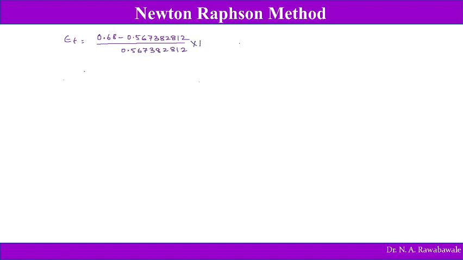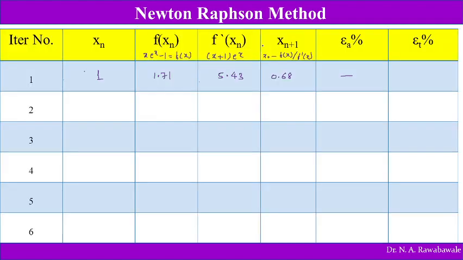On simplification, this gives us the true error as 19.84%. So this is the revised root of this function, and we take this 0.68 as the once again revised root.